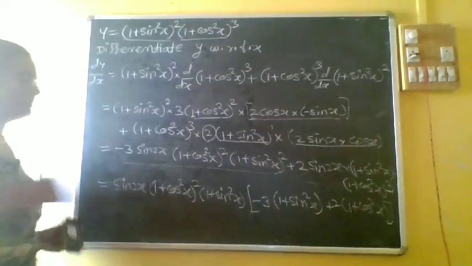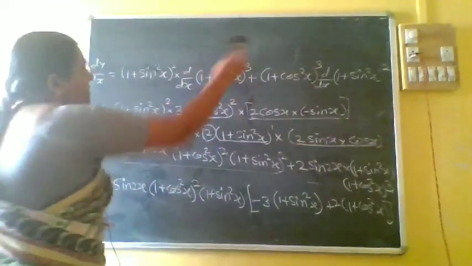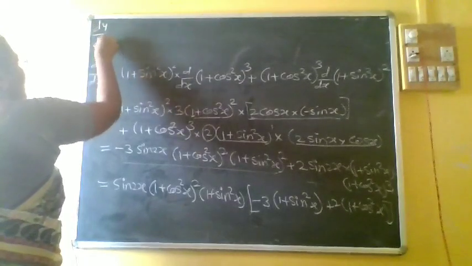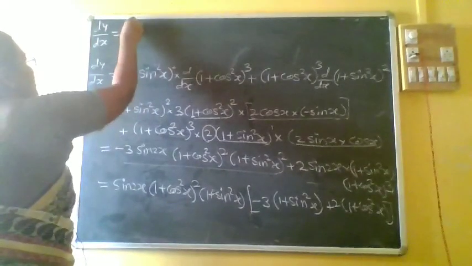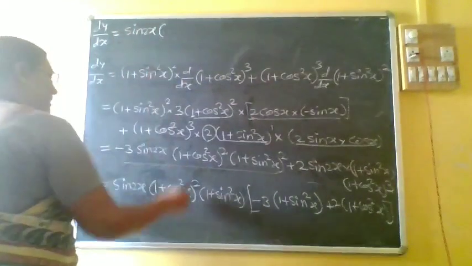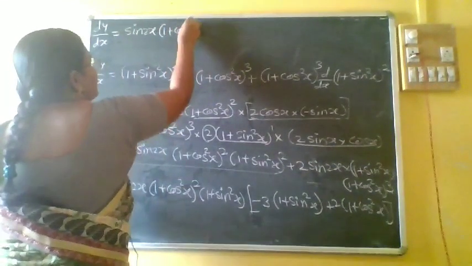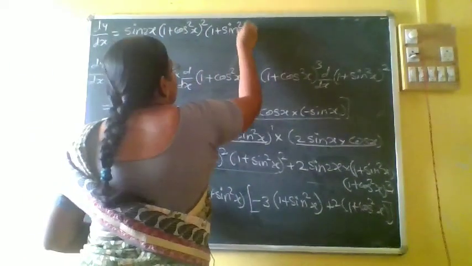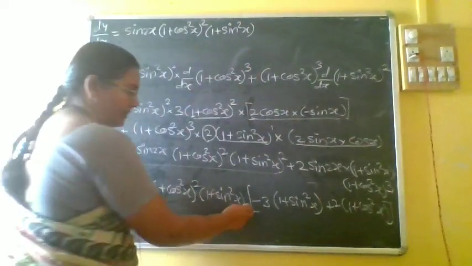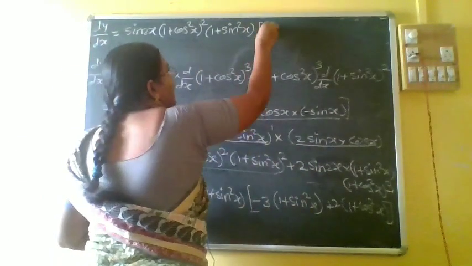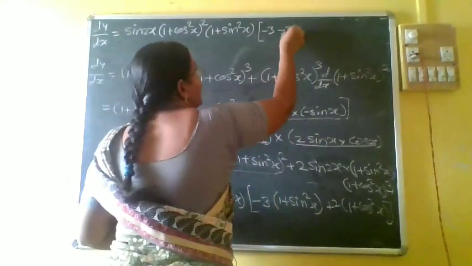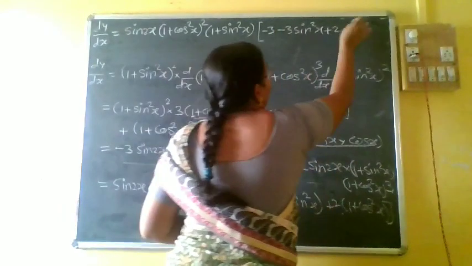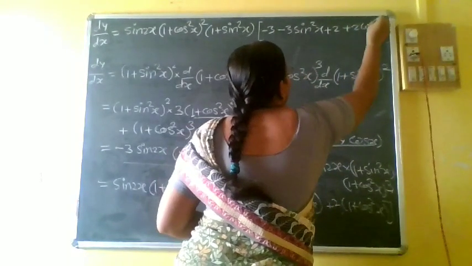Okay, students. We have to simplify the terms. That is equal to dy by dx is equal to sine of 2x, keep as it is, into the second bracket (1 plus cos square of x) bracket square, 1 plus sin square x, keep as it is, and simplifying or multiplying by this we get minus of 3 sin square x plus 2 cos square of x.